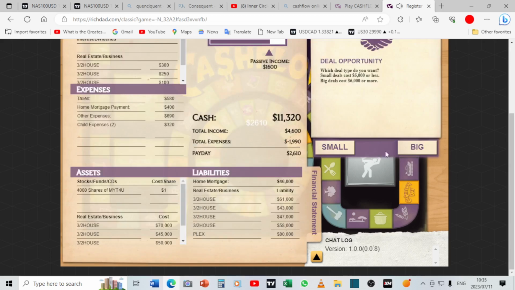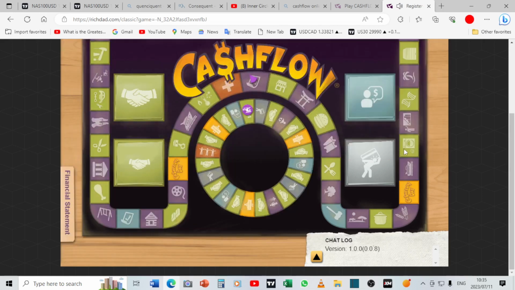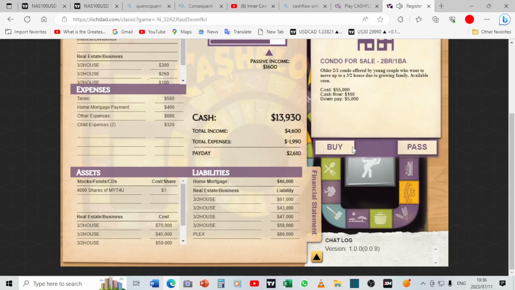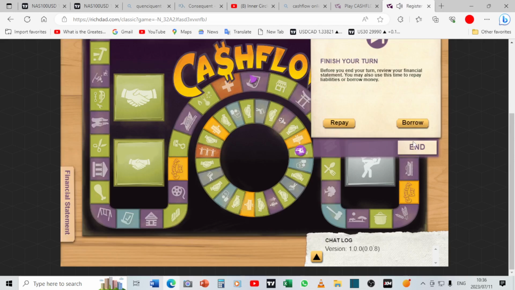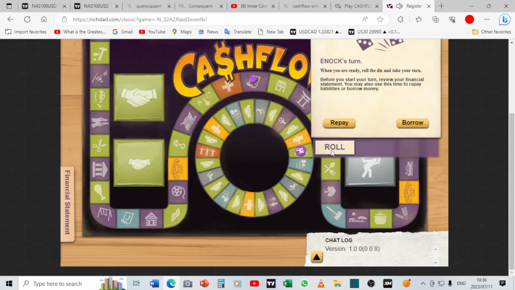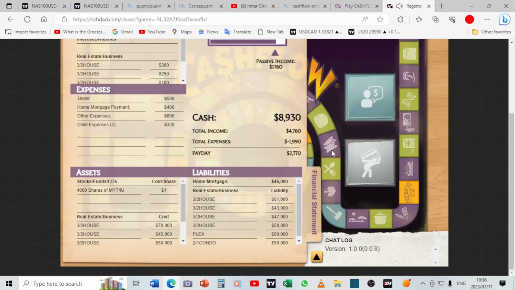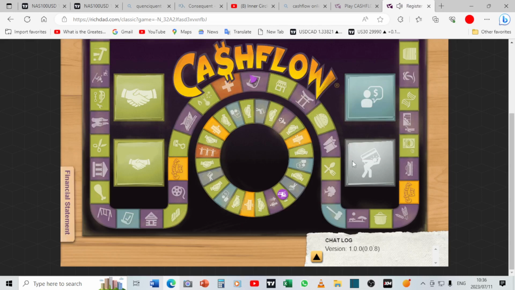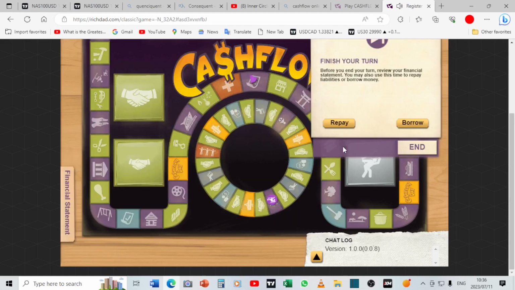Sell something else. Cash flow is 160. Let me go small. 40 cash flow, don't pay me 4,000.